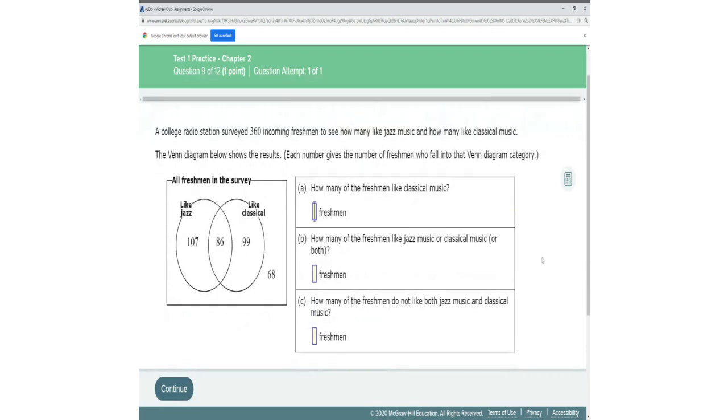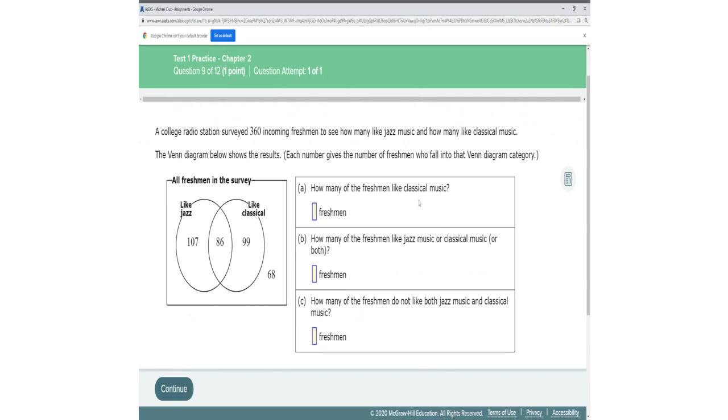A college radio station surveyed 360 incoming freshmen to see how many like jazz music and how many like classical music. All right. So how many of the freshmen like classical music?